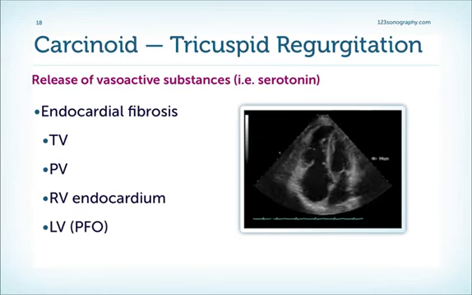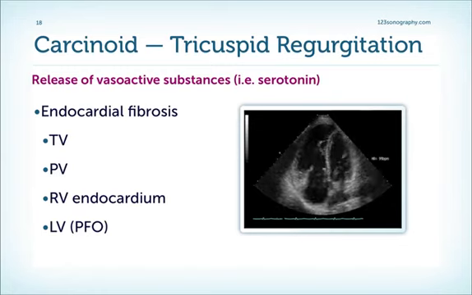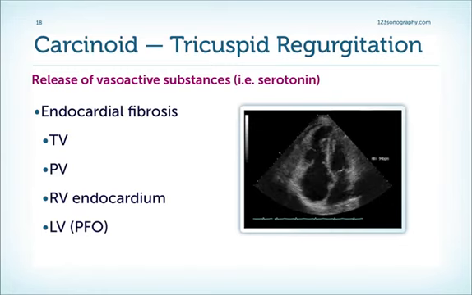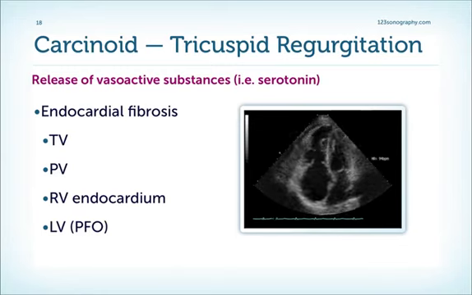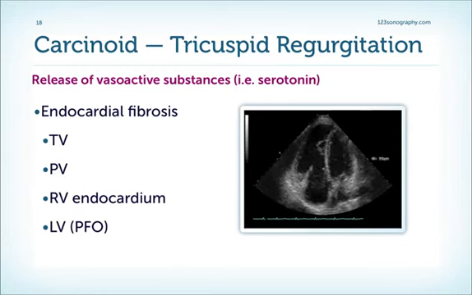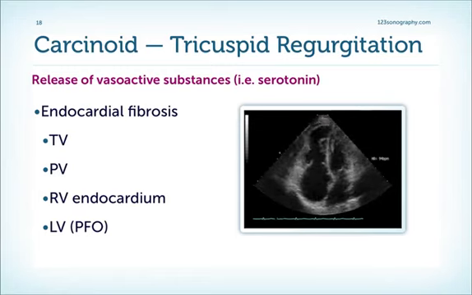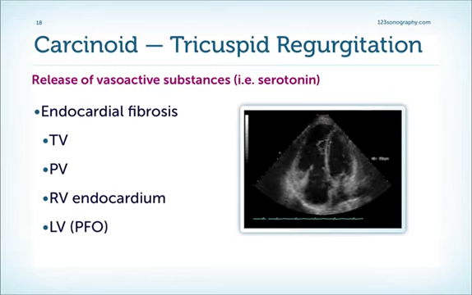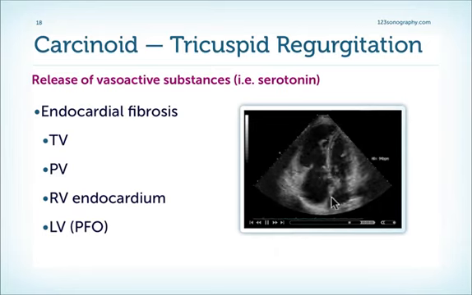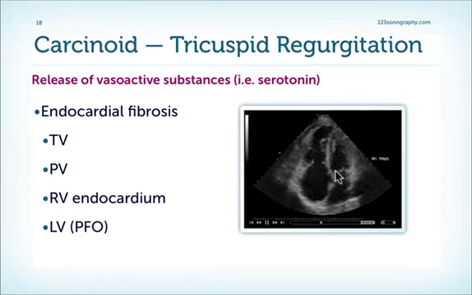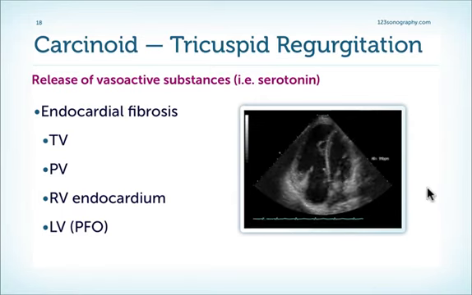So they affect the tricuspid valve, but also the pulmonic valve and the right ventricular endocardium. Why are the left heart structures not affected? Because serotonin is metabolized in the lung. Only if we see a PFO or an atrial septal defect will we have levels of serotonin which can cause destruction of structures as, for example, the mitral valve.